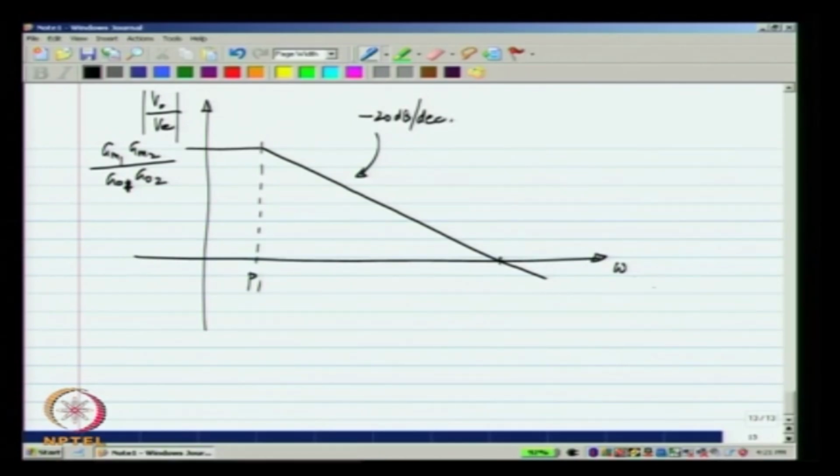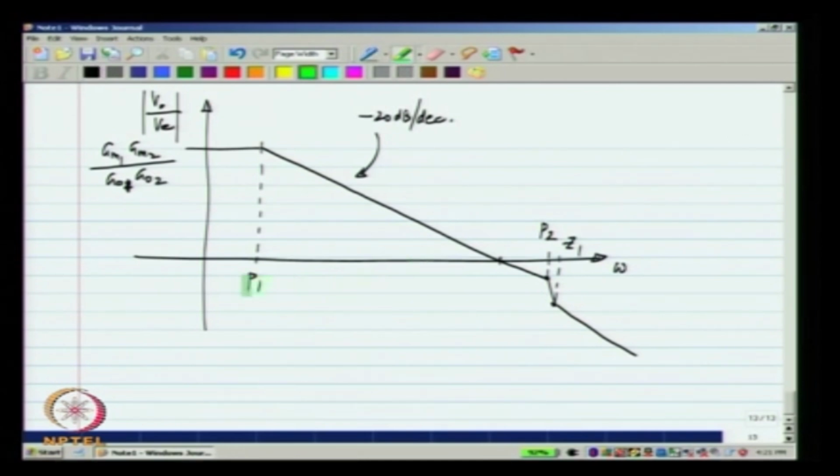Okay. And then at some frequency there will be a second pole P2, and then some other frequency there will be the 0 Z1. Okay. I have assumed that P2 is smaller than Z1, which may or may not be the case.